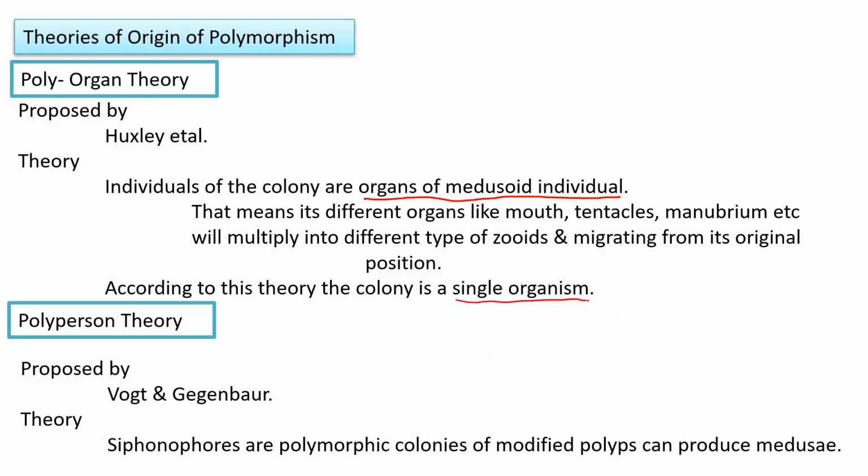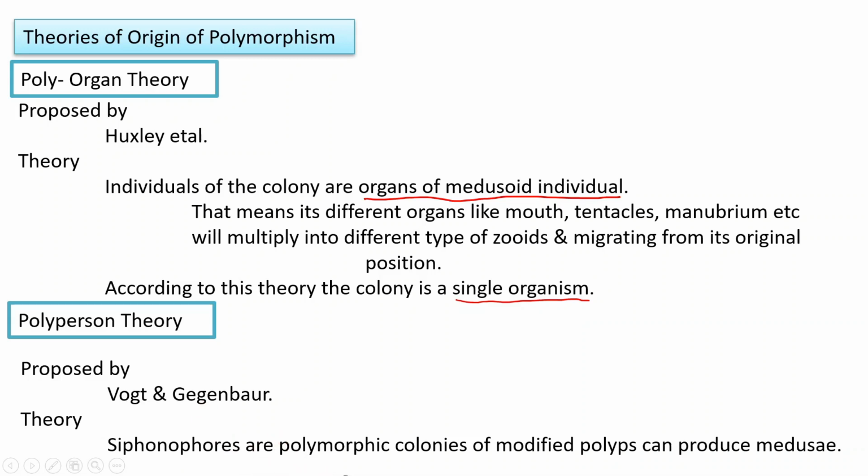This theory tells that the colony is actually a single organism, and the single organism is a medusa, and all the other structures that we are seeing as a colony are nothing but organs of a medusoid individual. Clear? Next, polyperson theory. Polyperson theory was proposed by Wette and Gegenbaur. This theory explained the origin of polymorphism by taking the case of siphonophores mainly.